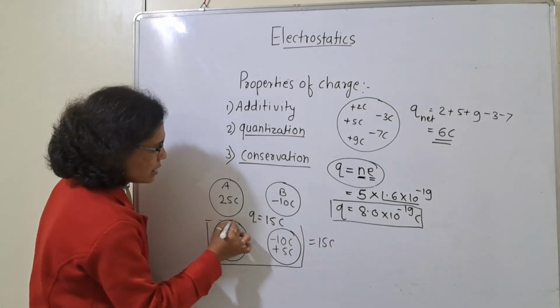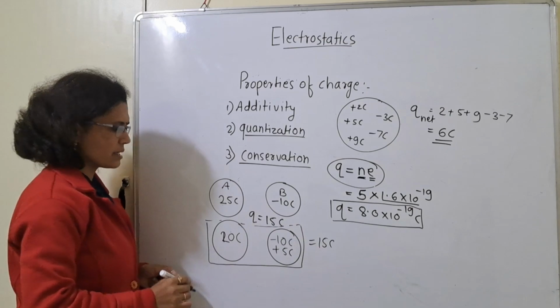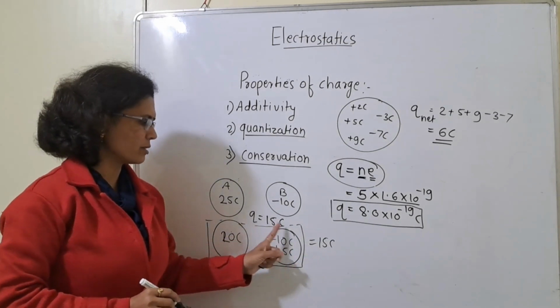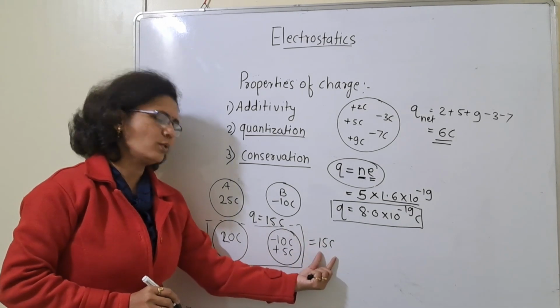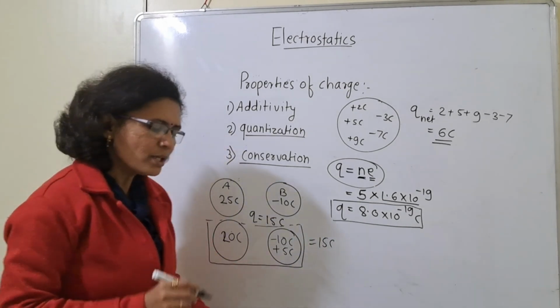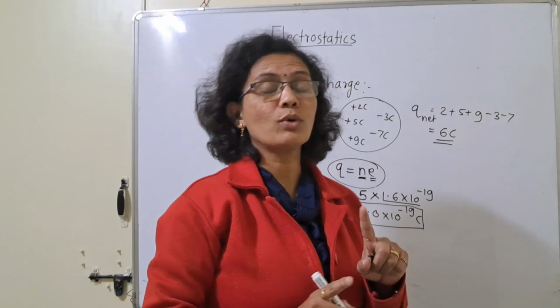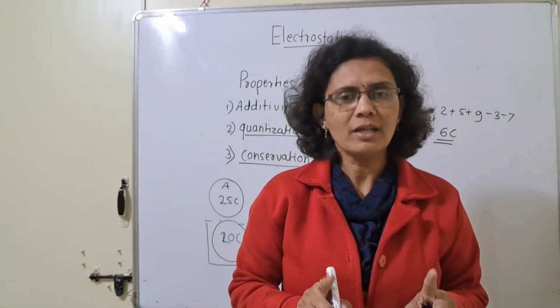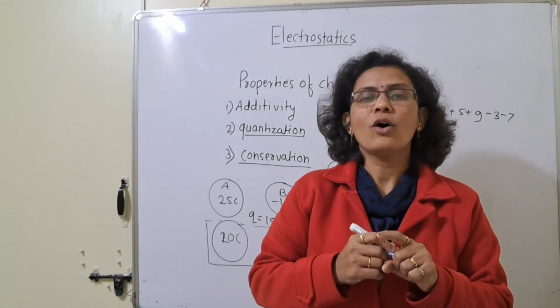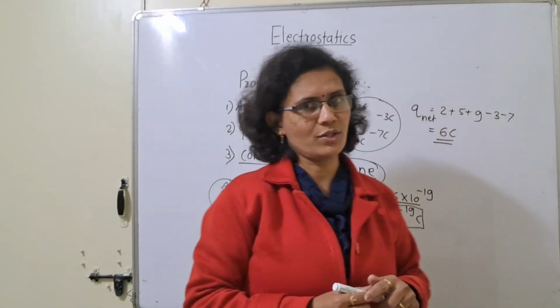The charge of this system remains constant. See here, it was 15 coulomb. Now it is also 15 coulomb. Means charge can be transferred, but you can't create the charge. You can't destroy the charge. This is the last property of charge, that is conservation.